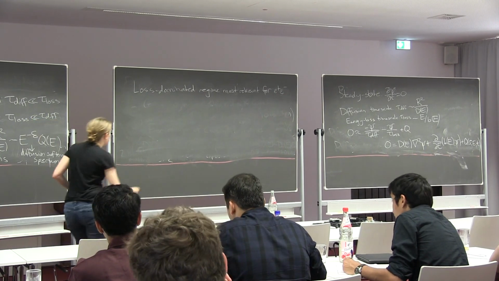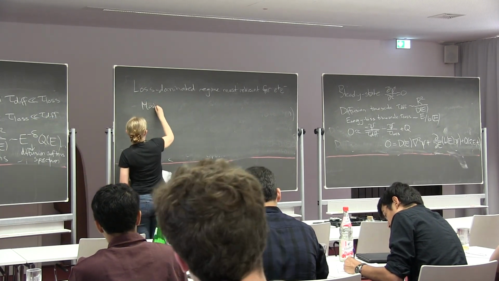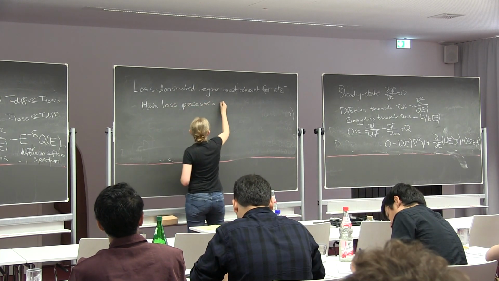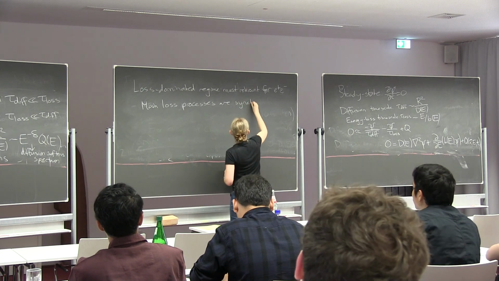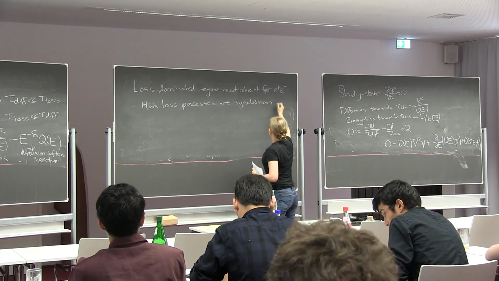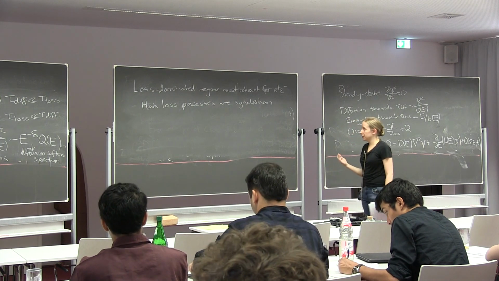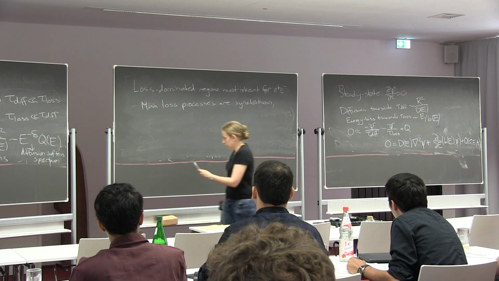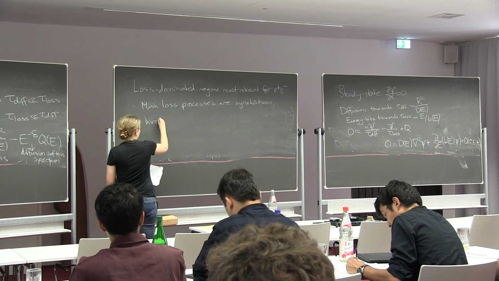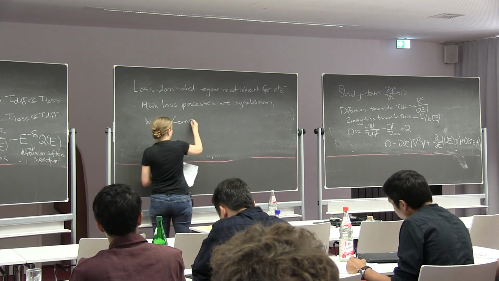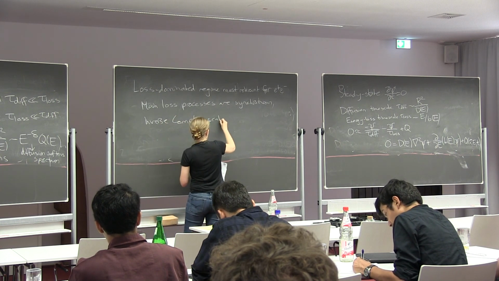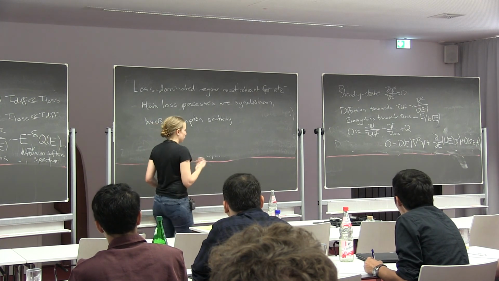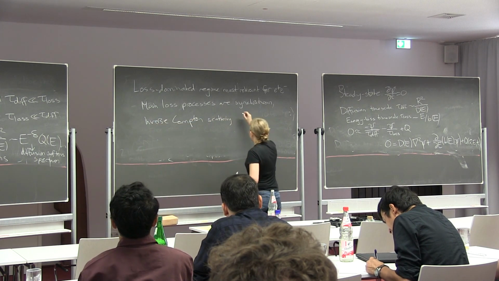The main loss processes are synchrotron, where E plus or E minus spiral in a magnetic field and radiate photons, and what we call inverse Compton scattering, which is just like Compton scattering, an electron hits a photon, except in this case it's usually the electron that's very high energy and the photon that's low energy, which is the opposite situation to the one you would usually encounter in the lab.